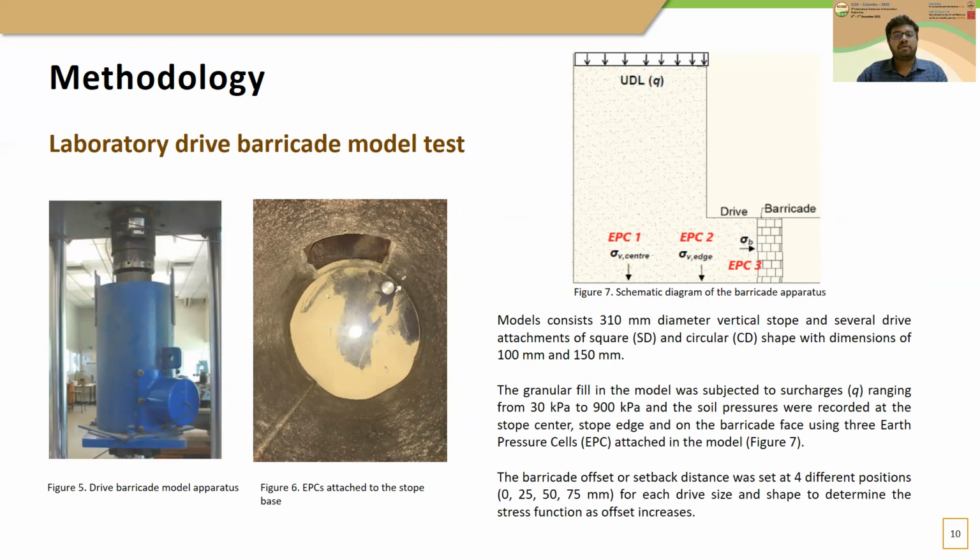The granular fill in the model was subjected to surcharges ranging from 30 kPa to 900 kPa, and soil pressures were recorded at the stope center, stope edge, and on the barricade face using 3 earth pressure cells attached in the model. And also the barricade offset distance was set at 4 different positions for each drive size and shape to determine the stress function as the offset increases.